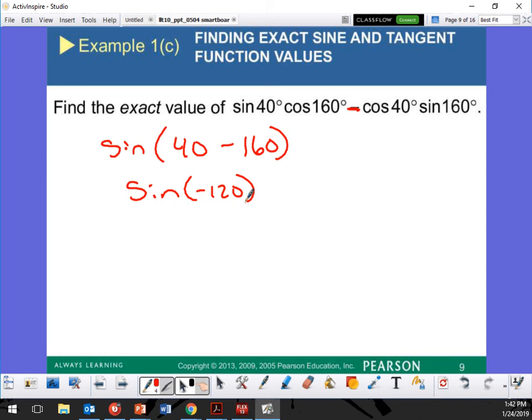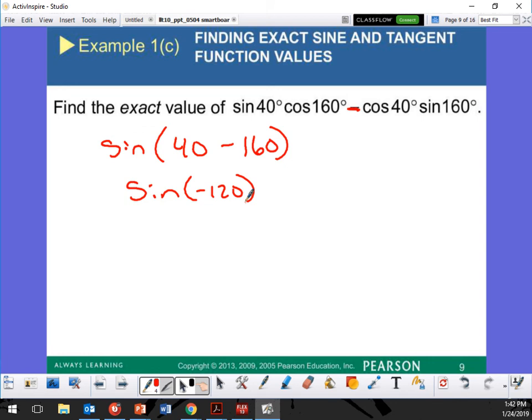All right, so is negative 120 on my unit circle? Say no. No, we only have positive numbers on my unit circle, right? So I could either go backwards or I could use the coterminal. Remember coterminal? The same end. So to get the coterminal, what would I do here? Add 360, right? You guys remember that?